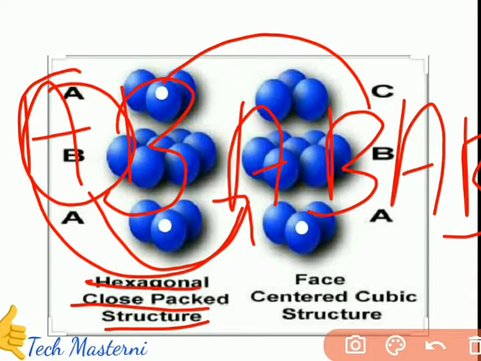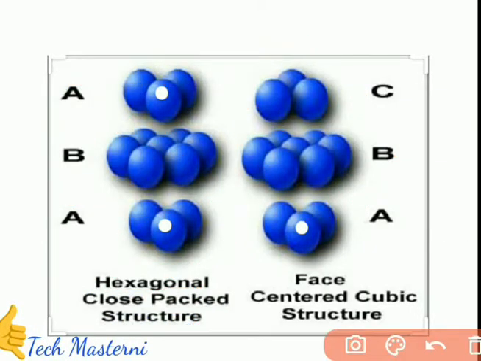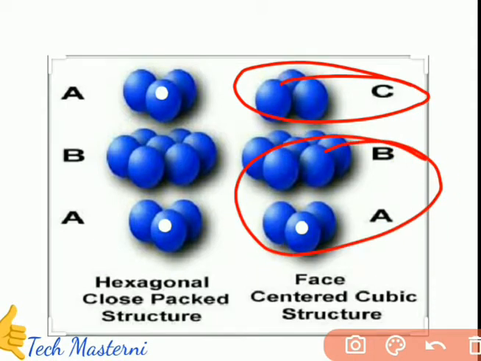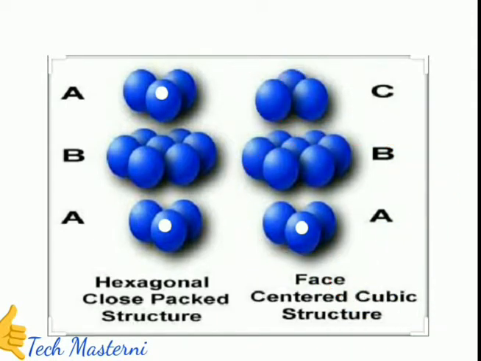HCP type of structure. The other structure we have is CCP, cubic close packed structure, in which the same atom will repeat after two different atoms. So let's see here.